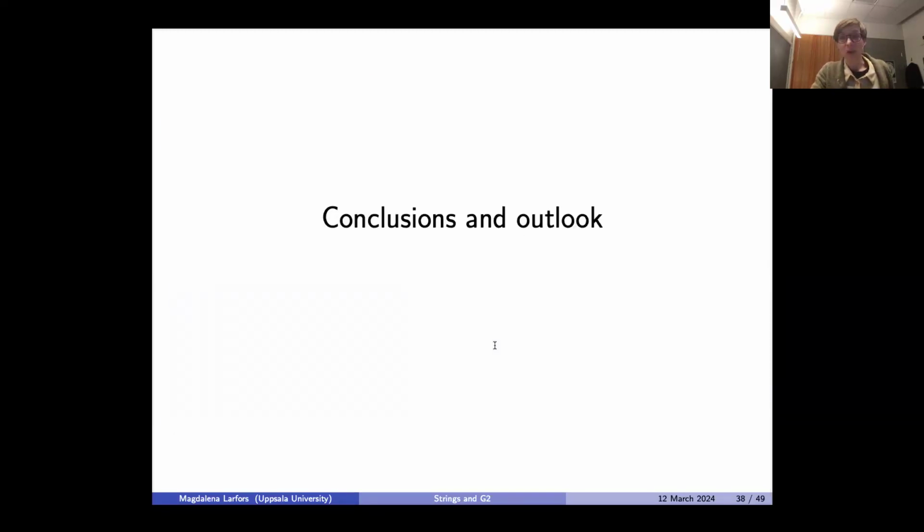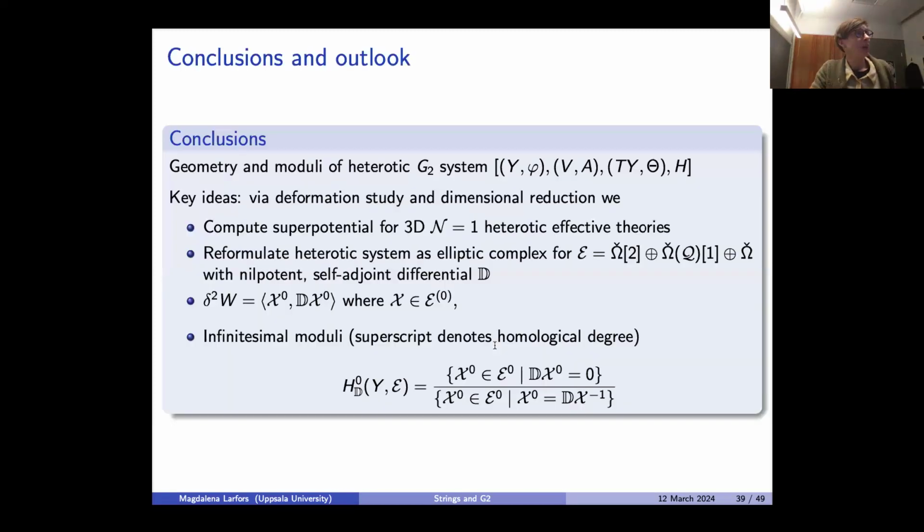So with that, let me conclude. I've told you about the heterotic G2 system and the geometry and moduli of that system. The key idea that we've been exploring is to translate the supersymmetry constraints into geometrical constraints and to write down elliptic complexes that define both our heterotic G2 system and also the moduli of these systems.